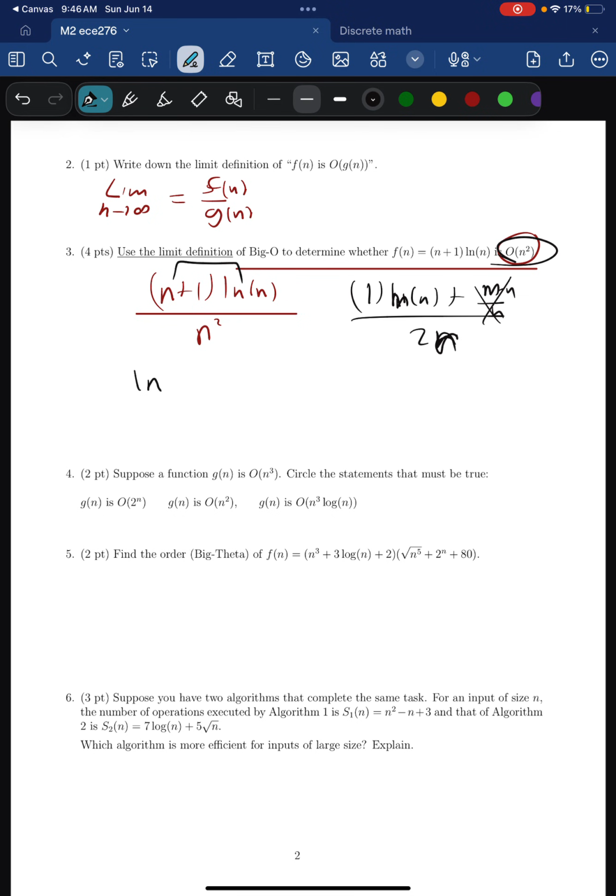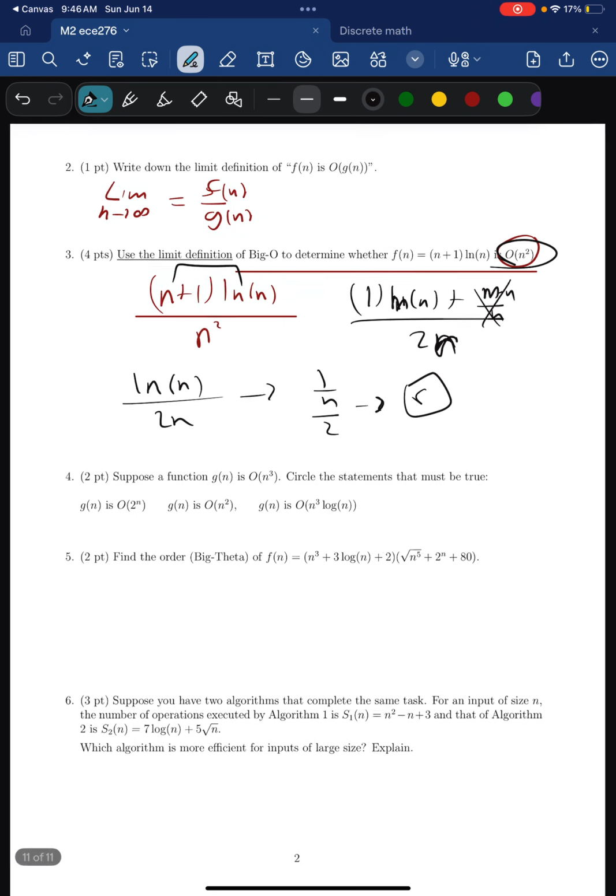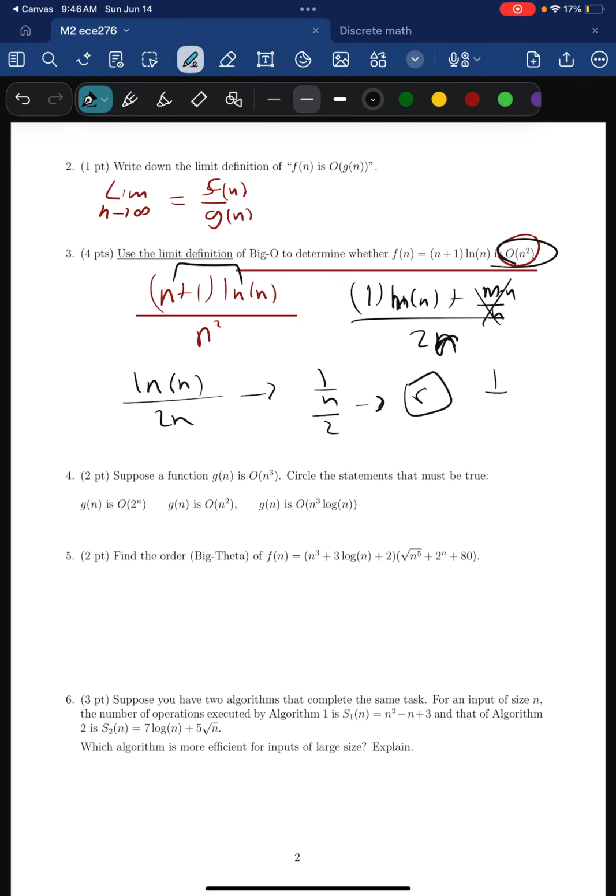Ln turns into 1 over n, and then you get ln n squared over 2n. You get 1 over n over 2. Yeah, it just becomes a constant if you keep deriving it, because you get 1 over 2n, and then you get 1 over 2. That's just how it is over here, and then you just get your constant.